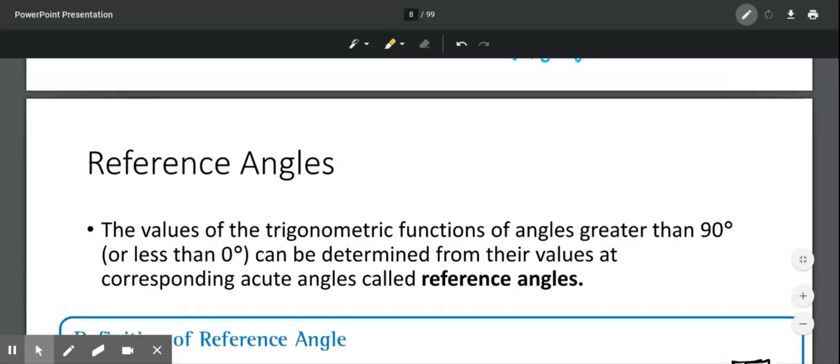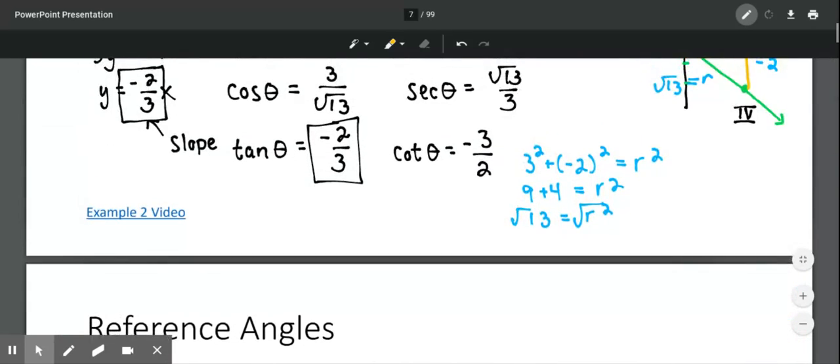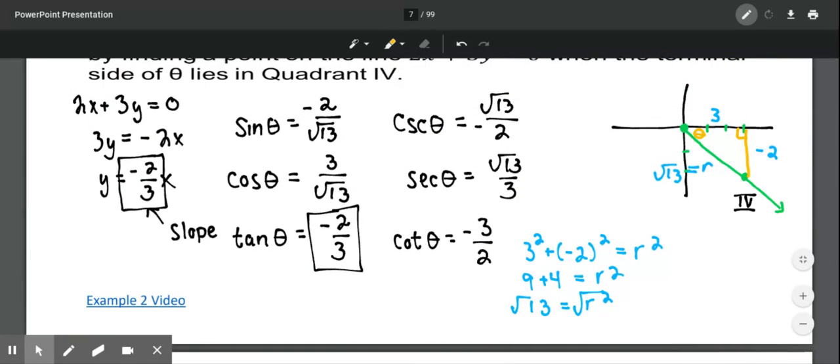So to give you a visual of this, if we went back to this previous example, we rotated this angle all the way around like this, right? So this whole big theta was our actual angle. But what we did was we just found this little angle here between the terminal side and the x-axis. That was an acute angle. So that was our reference angle.